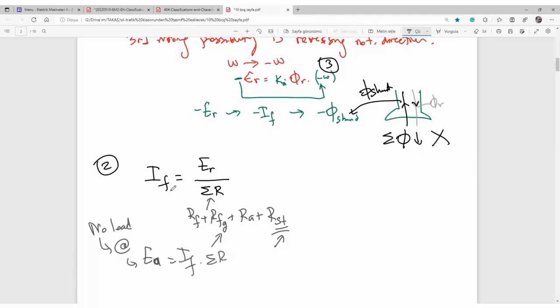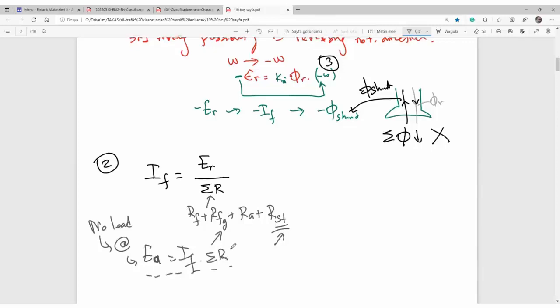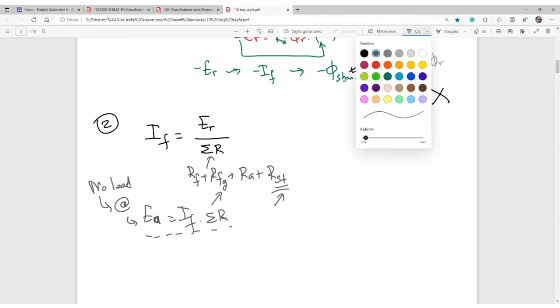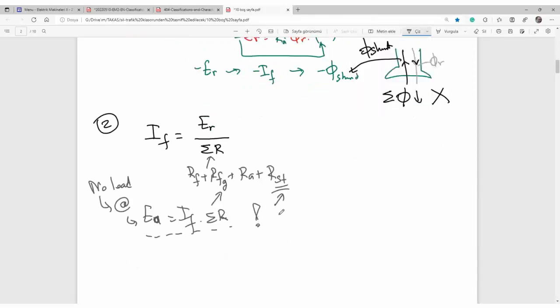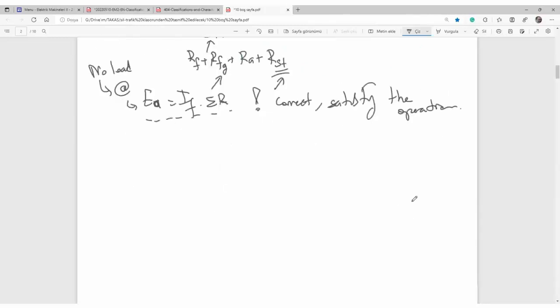Here you see total resistance. That must be correct, and that must be satisfied for the operation. What do I mean?